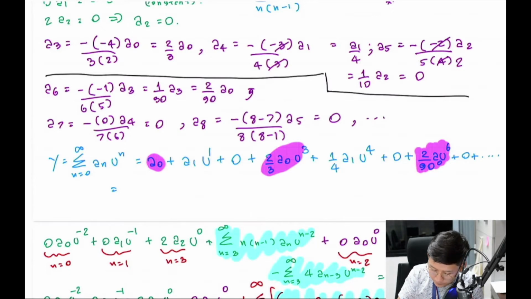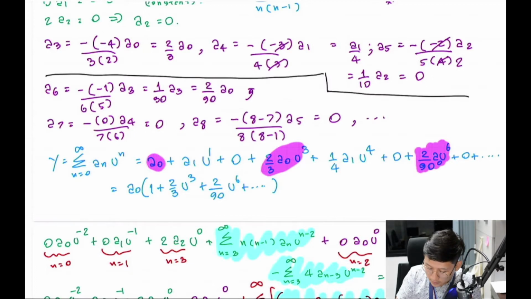So we have A0 times (1 plus 2/3 u cubed plus 2/90 u to the 6 plus so on), and then plus A1 u, plus 1/4 A1 u to the 4, plus so on.